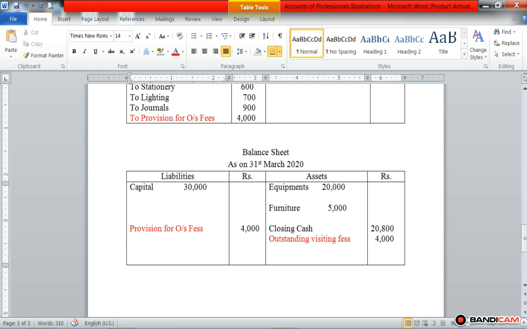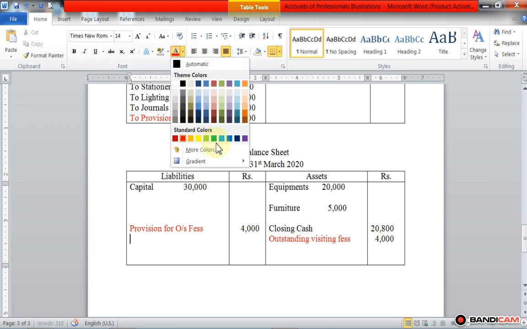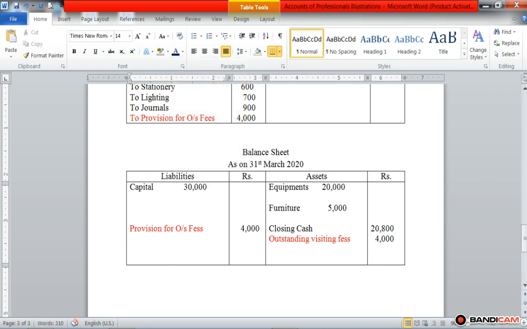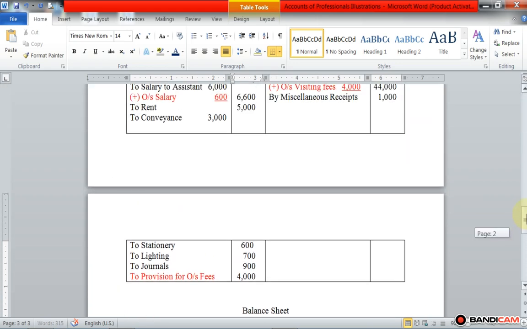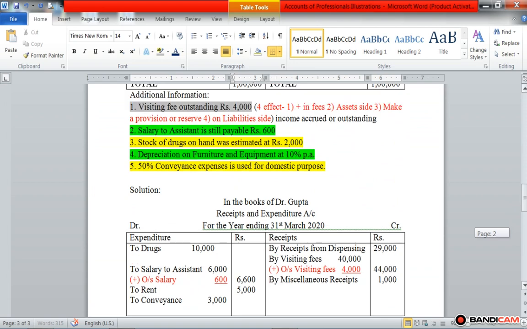So here outstanding salary to assistant amounted rupees 600. Here we solved additional information number second.